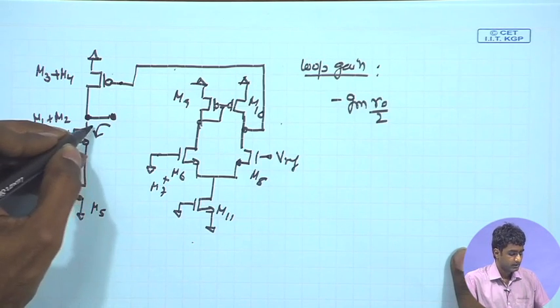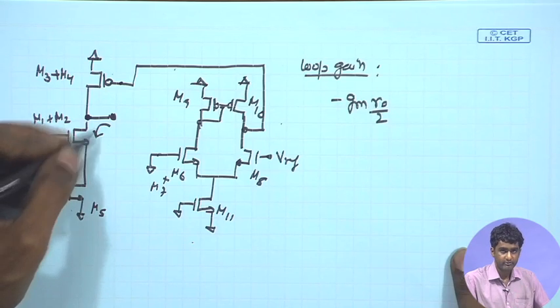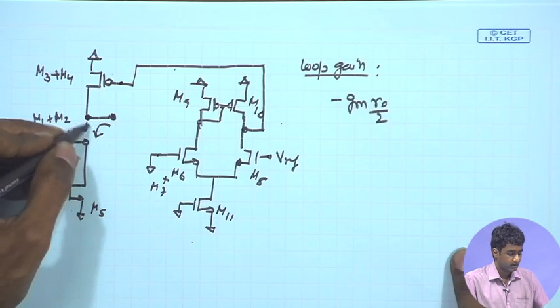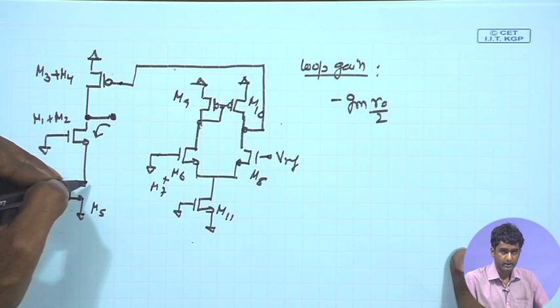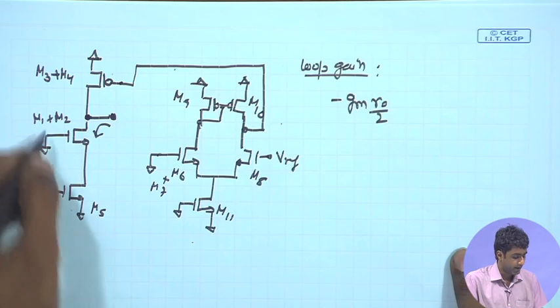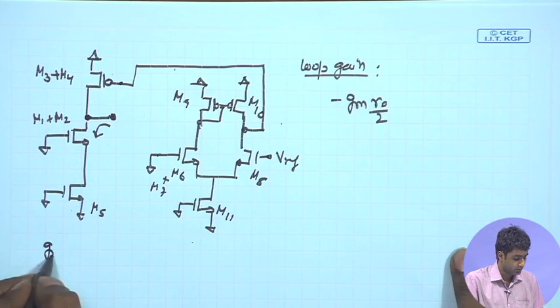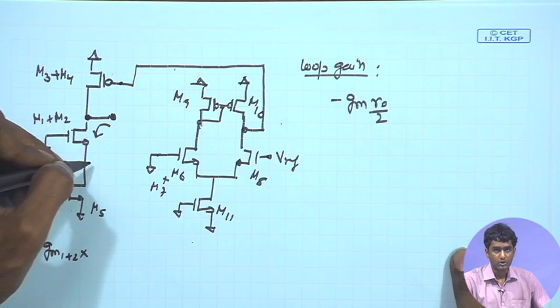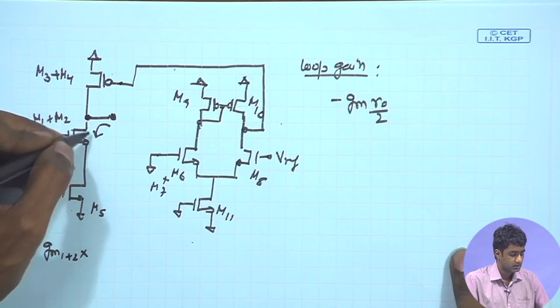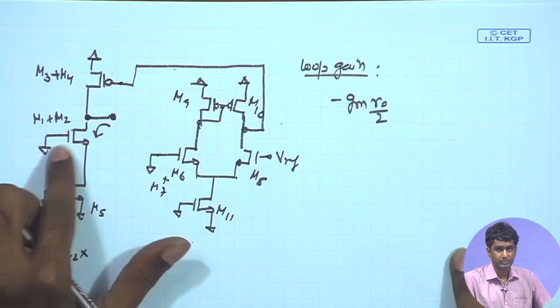So, we know that whenever we have this kind of stacking of transistors, the stacked transistors boost the overall impedance looking into the drain. So, here we have overall GM, we can call it GM1 plus 2, times the overall RO. Now, what is the RO of the combined transistor if we want to be exact?